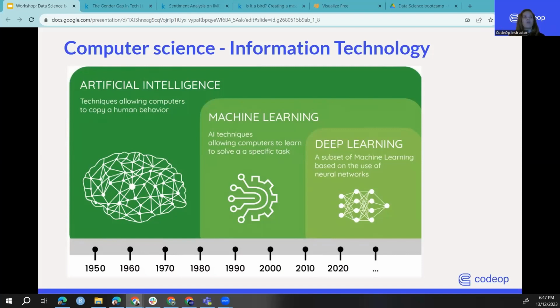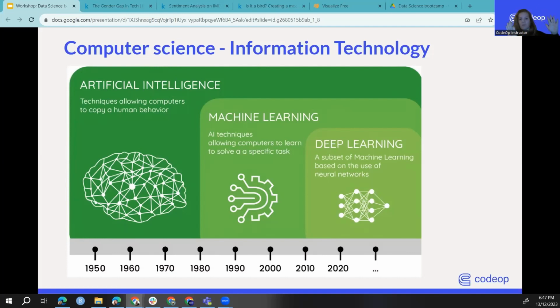For example, a robot that mimics a human walk is AI. A Roomba that hoovers the room and allows you to just relax on the sofa is also AI, right? And a self-driving car, or those new Teslas, is also AI. So they're just techniques allowing computers to copy our behavior. That's what artificial intelligence is.